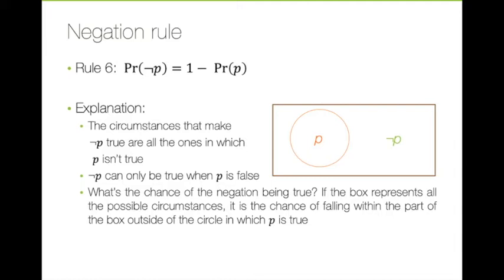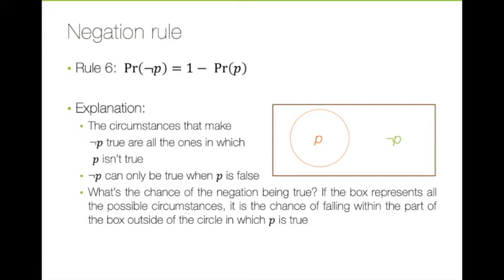And all of the other circumstances are ones that make not P true. So the circumstances that make not P true are all the ones in which P is not true. Alternatively, not P can only be true when P is false. So we know this is the way negation works.